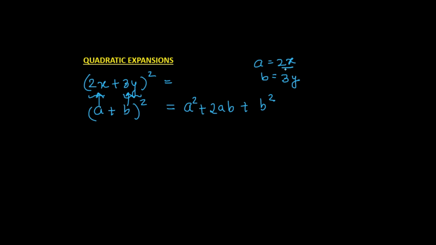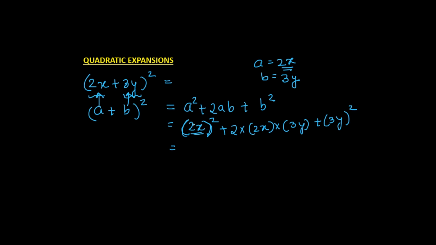Now what is our a? a is 2x. So we are squaring a. This means that we have to square complete 2x. Remember to put a bracket around 2x. Plus 2 into a, which is 2x, into b, which is 3y, plus square of b. So 3y in bracket and squared.